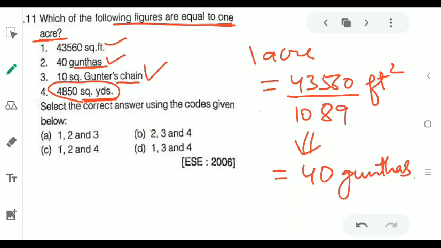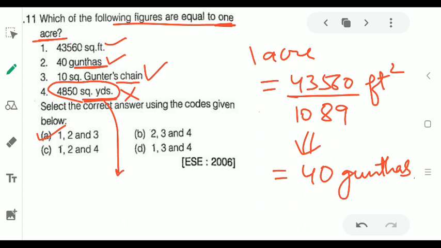Now if this option had been given as the correct one, we could have marked it as right because the difference of 10 is very minute. But since only three of the options are correct, we will mark the 1, 2, 3 option only. So statement 3 or 4 will be wrong. The correct option for question number 11 would be option A.